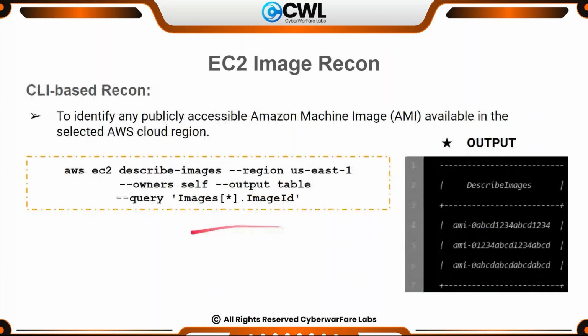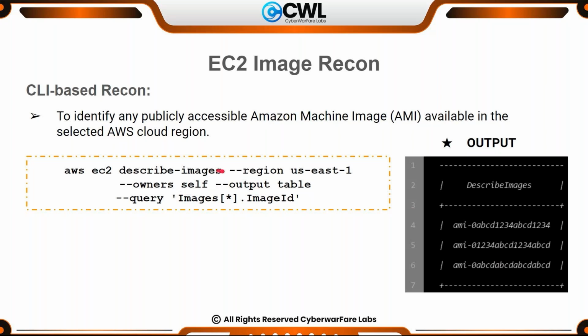This AWS CLI command is employed to describe AMIs that are publicly accessible to all users within the selected AWS region. As depicted in the screenshot, it lists all the snapshot IDs. The command has two important components. First is the region.